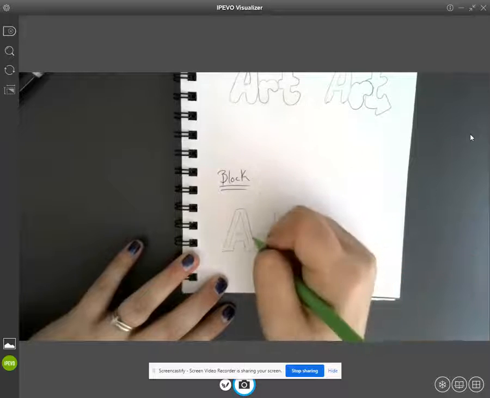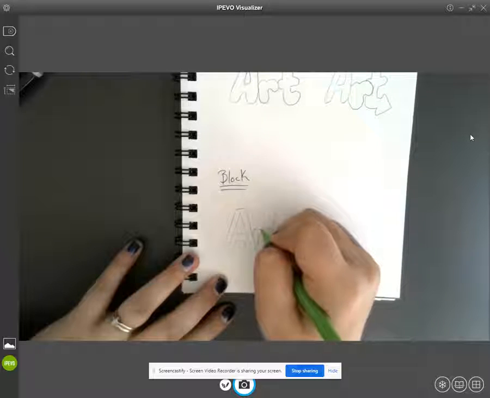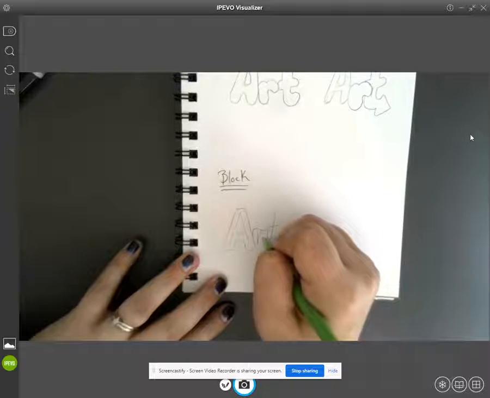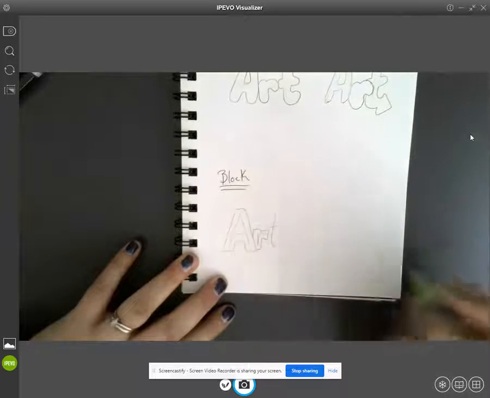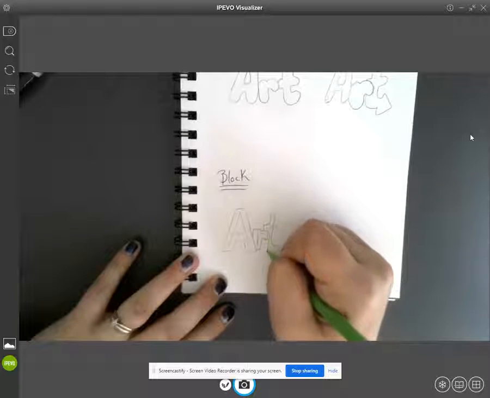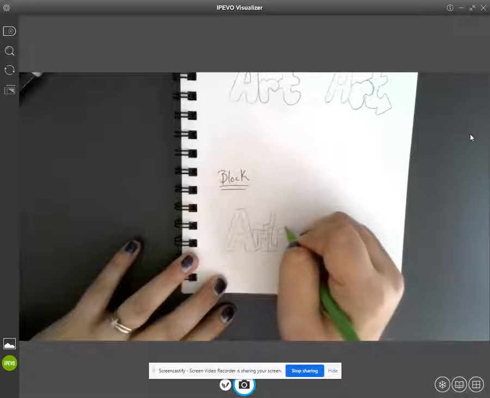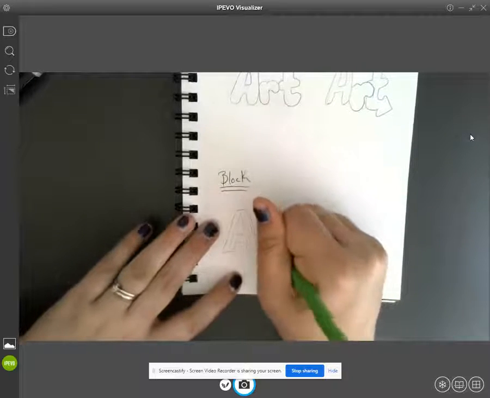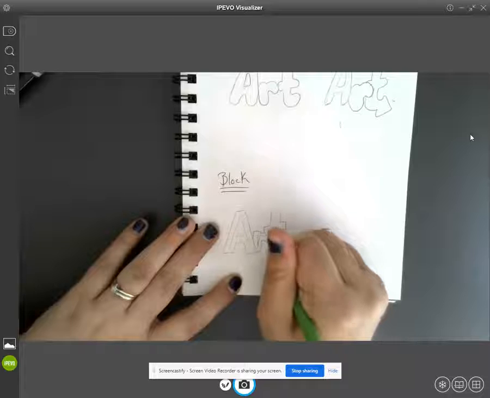Okay, and then for my R, straight line. Now I have a curve here, or I could make it straight like this. It's your choice, whichever one you want to do. Whatever makes it easier on you. So I could do it this way and make it all straight lines and no curves at all. And then just erase the letters I started with.